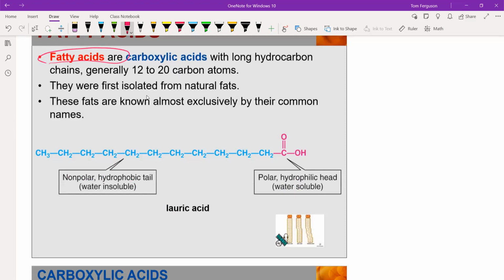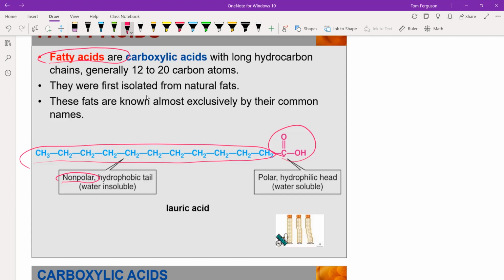And they have a big long tail that's non-polar. Then they have a very, very, very polar head on them. So we have a hydrophilic and a hydrophobic part. And it depends on how long the tail is that'll get its characteristics as being non-polar or polar.